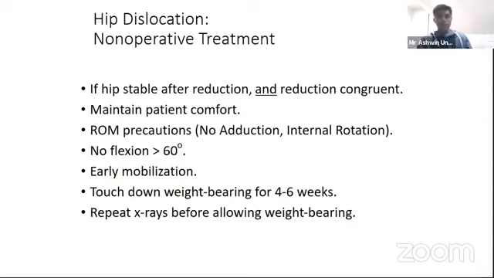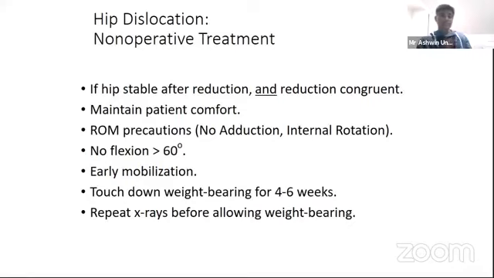So what you have to think in terms of a hip dislocation, once it has happened, a virgin hip, what are the secondary procedures? If the hip is stable after reduction and the hip is congruent, you can wait and watch.